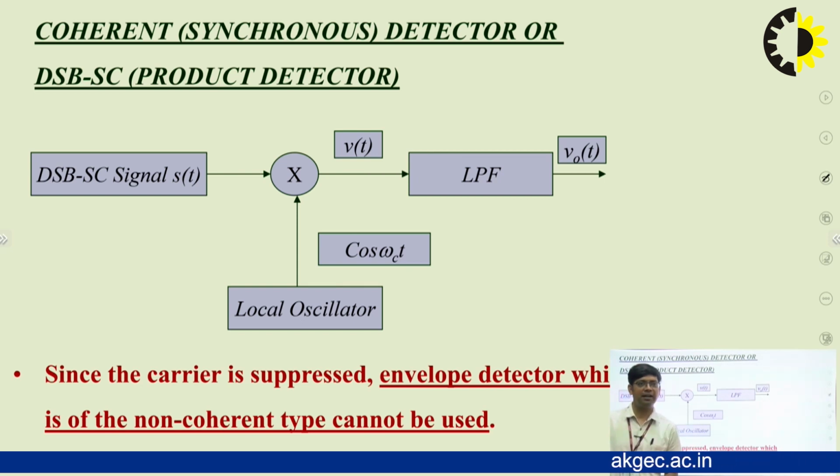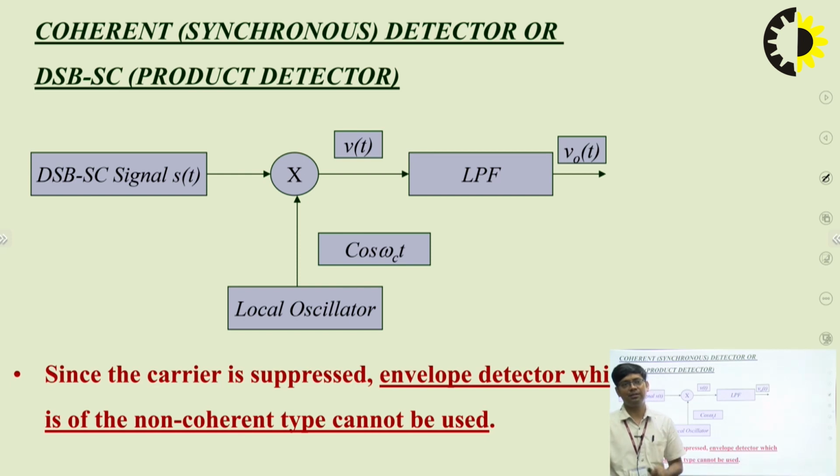So in the absence of the carrier, when we are trying to obtain the message signal from the sidebands, we need a synchronous carrier signal at the receiver. In the absence of synchronization, we have certain issues which may lead to distorted output.